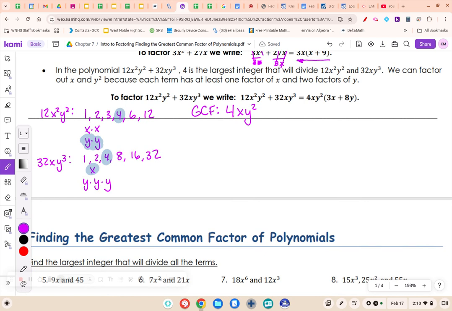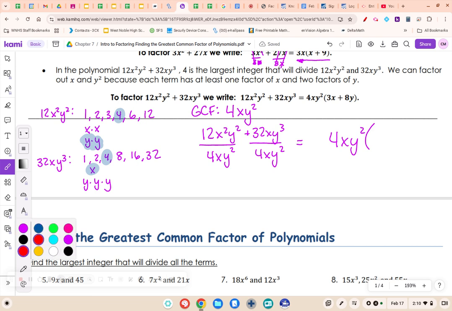Now, if I rewrite this, I realize I'm doing a lot of extra work because it literally tells me the answer up there. I'm going to think about dividing my terms by this GCF. I know the GCF has to go outside my parentheses.